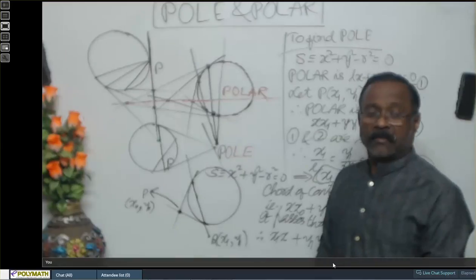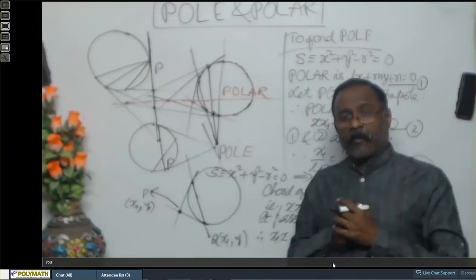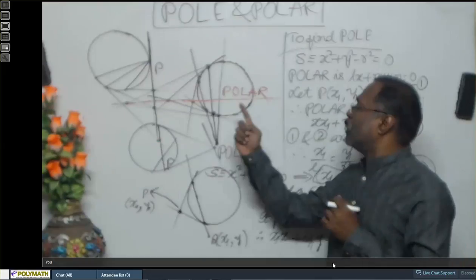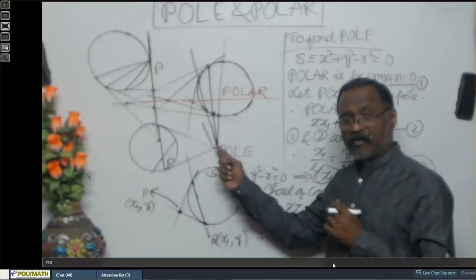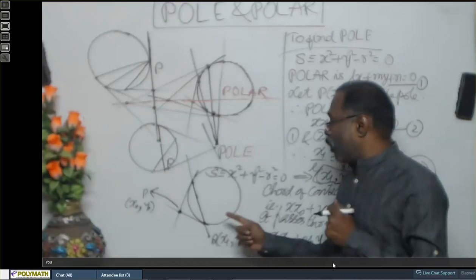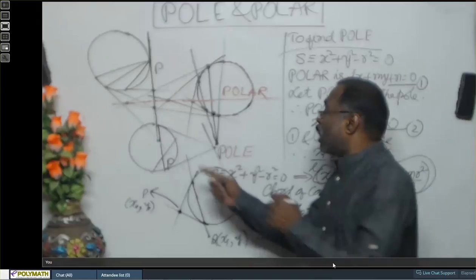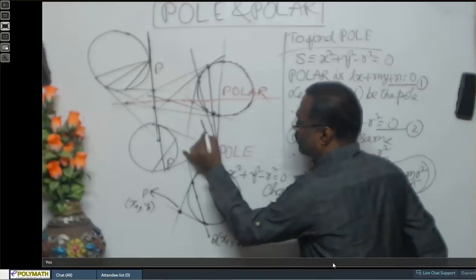So what should be your broad understanding about the polar? If the point or the pole lies outside the curve, the polar intersects the curve. If the point P or the pole lies inside the curve, the polar never intersects the curve.